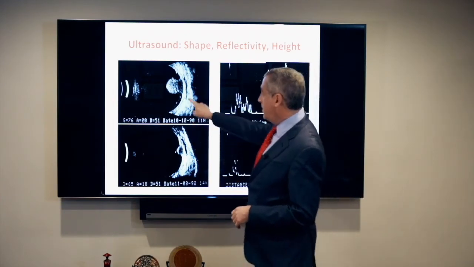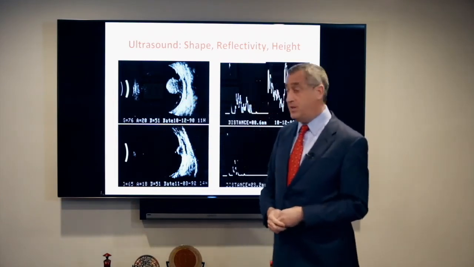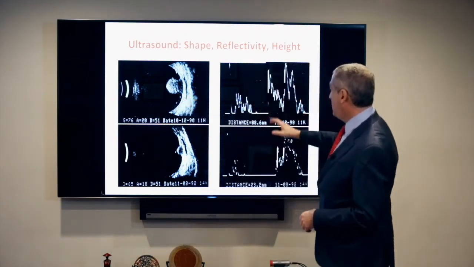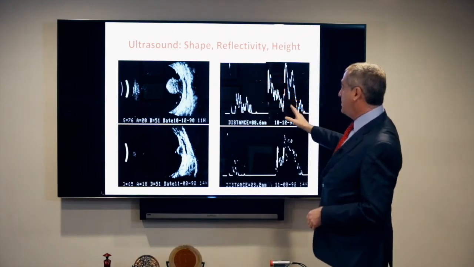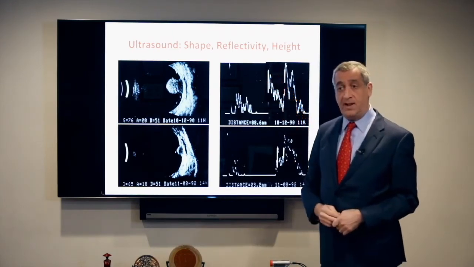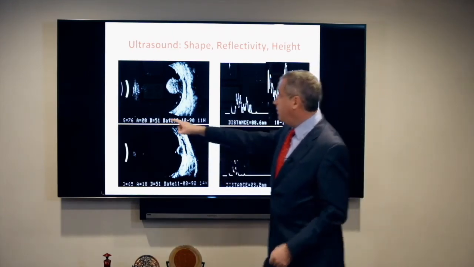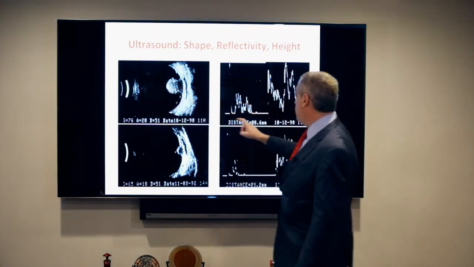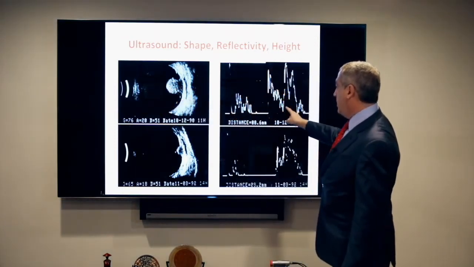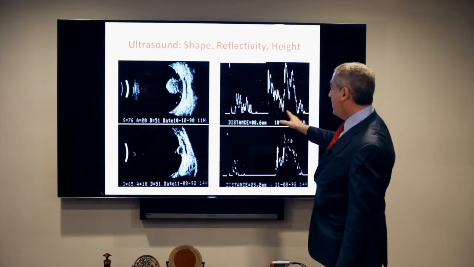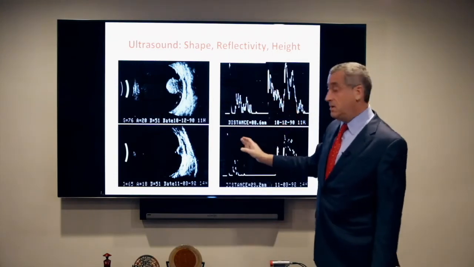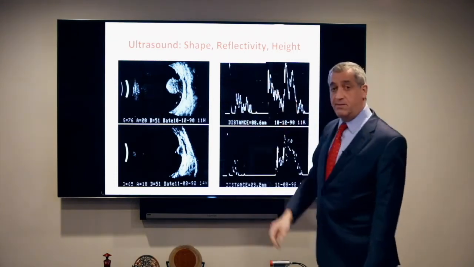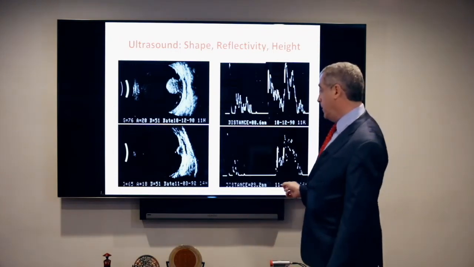You can see the retinal detachment also on the ultrasound, and you can see the internal reflectivity on this A scan. An A scan is like a pencil of sound that runs through the tumor, and you can see that 45-degree angle as the reflectivity goes down at that rate, and that is very classic for a choroidal melanoma.